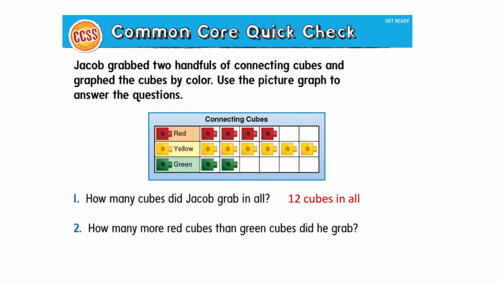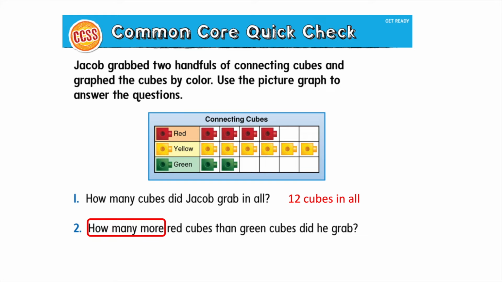Next question. How many more red cubes than green cubes did he grab? How many more? That means that we are comparing, right? What are we comparing?